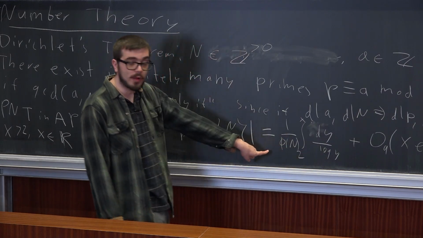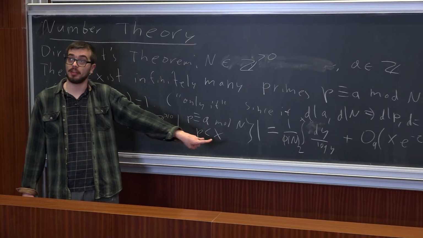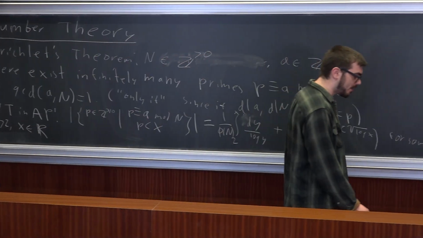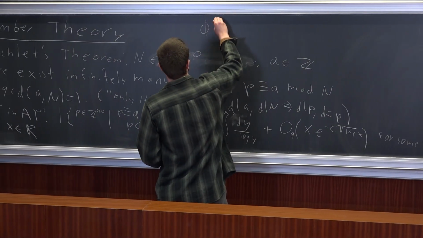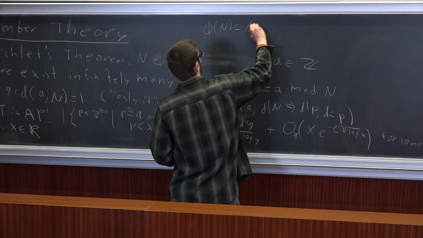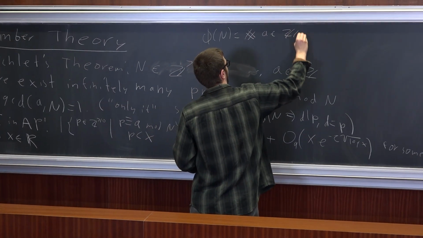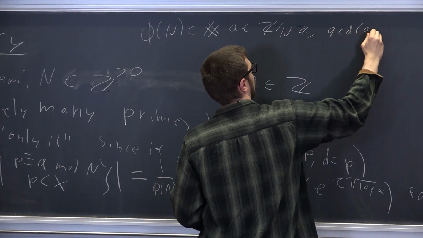What we're saying is the primes are equally divided into all the possible congruence classes mod n. The number of congruence classes that are possible, phi of n, is the number of residue classes modulo n that are relatively prime to n.